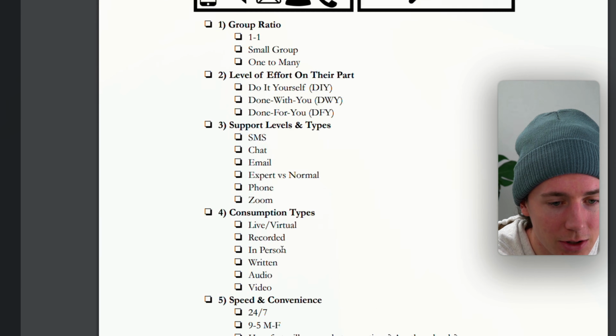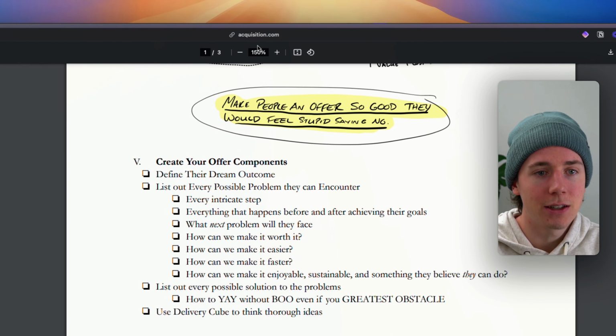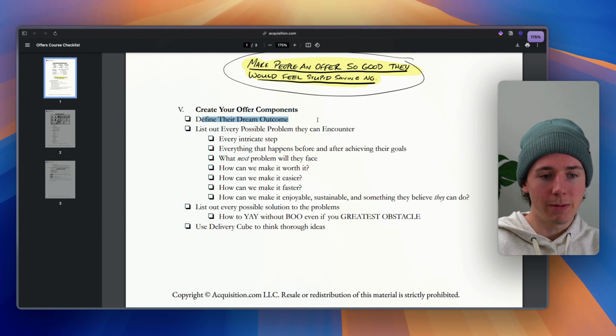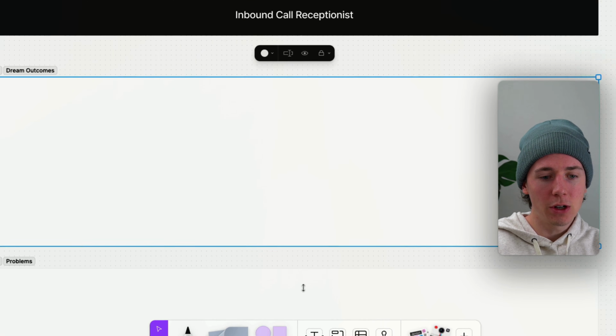And then it gives us some of this other stuff down here. So let's actually start diving into this offer creation process. We're going to start by defining their dream outcome.